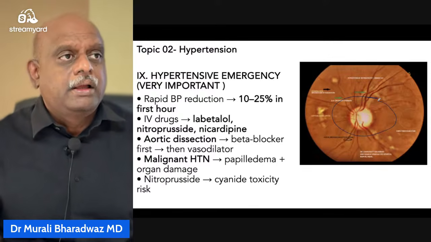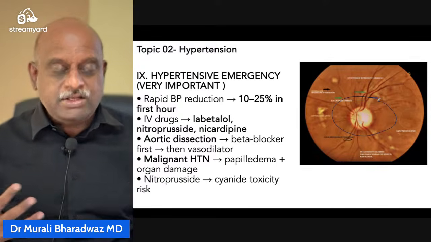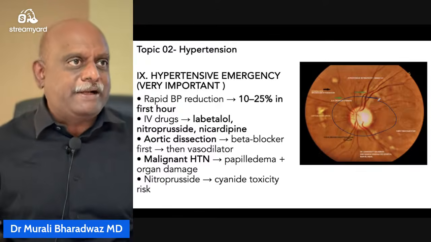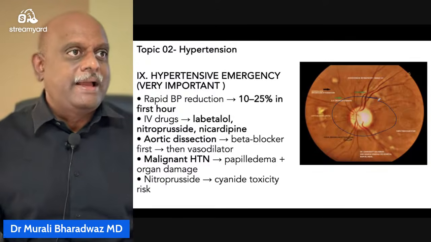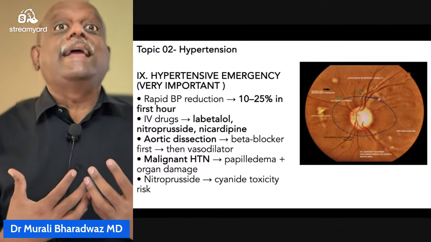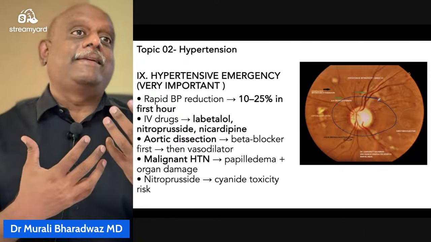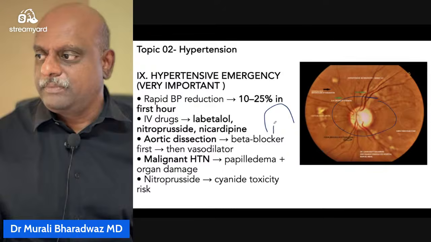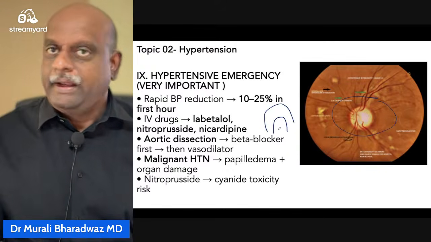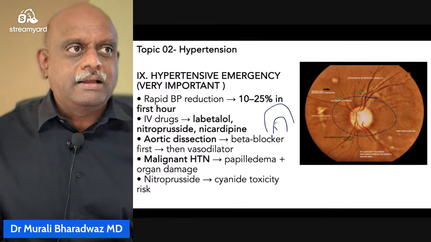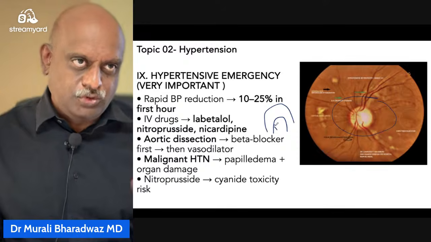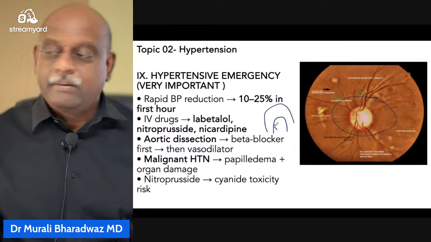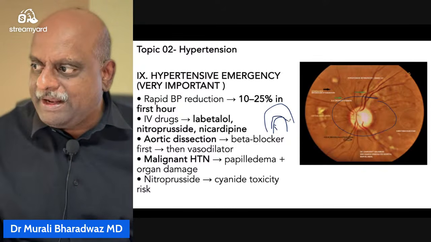Now, whenever there is accelerated hypertension and a hypertensive emergency, and the patient has aortic dissection, how do you treat? Please remember, the aorta has an intima and tunica media. Between the two, the blood is seeping in aortic dissection.